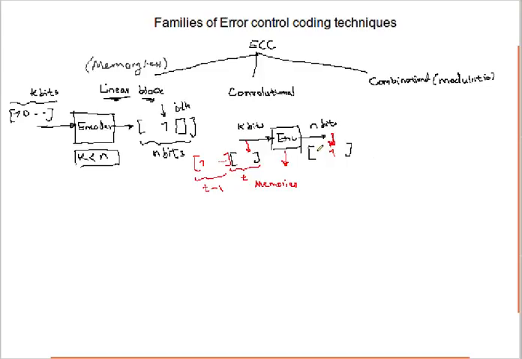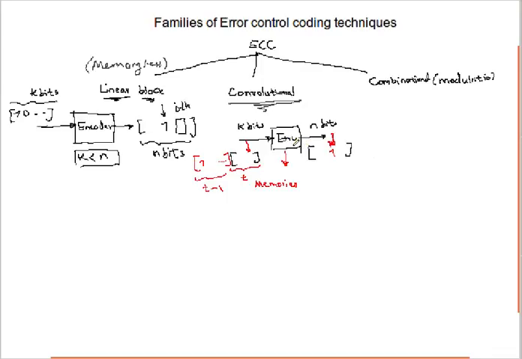That is the idea of convolutional codes. We call it convolutional code because it's something like a convolution: you take the convolution of your bit stream with a filter in the binary field. It's a filter that you apply on your data.